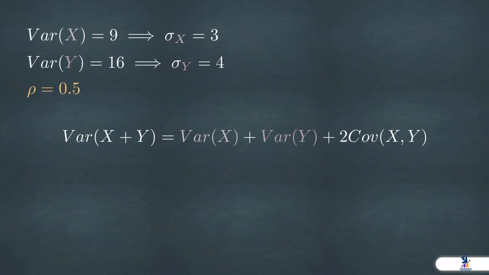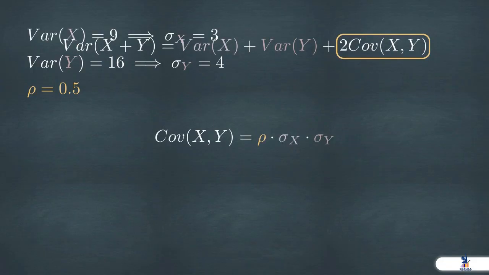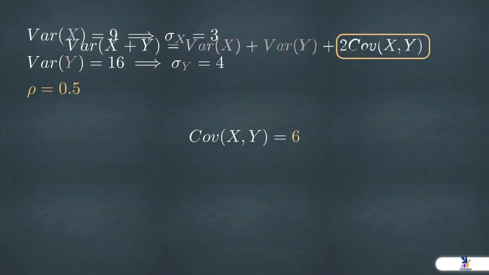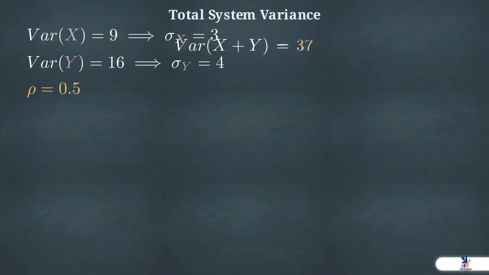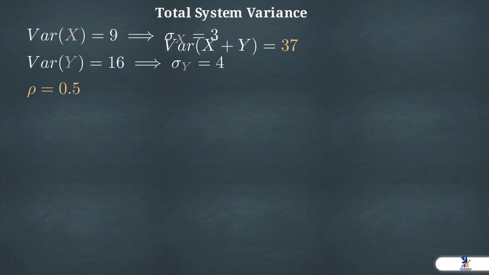We have to account for their combined movement using this formula, which includes a critical scaling factor, covariance. Covariance is the unstandardized measure of their linear directional relationship. We calculate it by multiplying their correlation by the standard deviations of both components, yielding a covariance of 6.